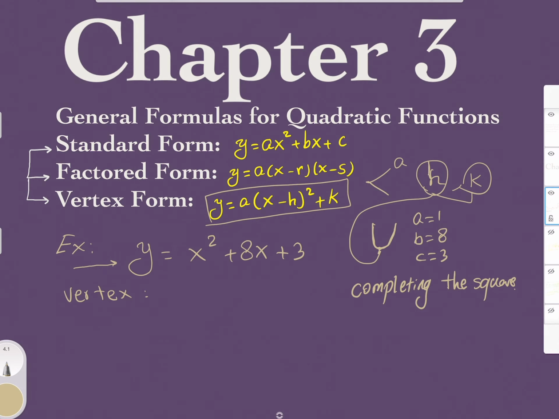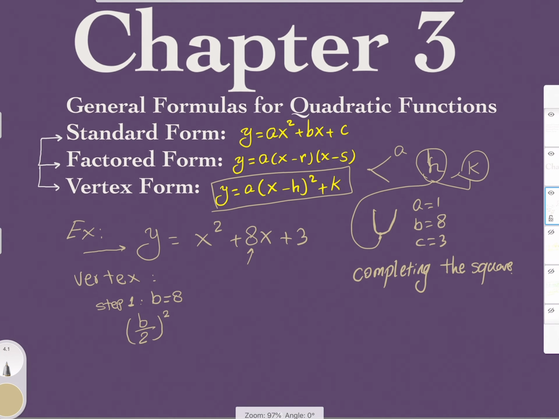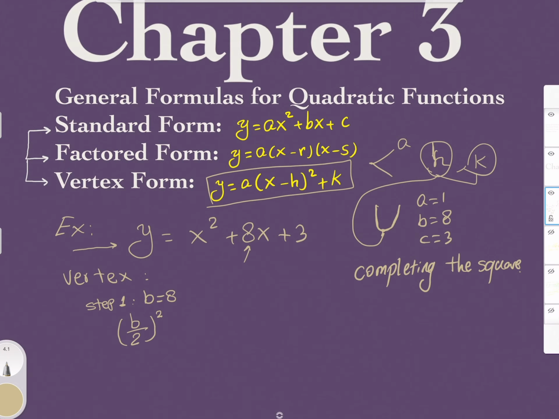In order to complete the square, step 1, we select b, which is 8 here. We divide b by 2 and we square it. 8 over 2 squared will be 4 squared, equal to 16.